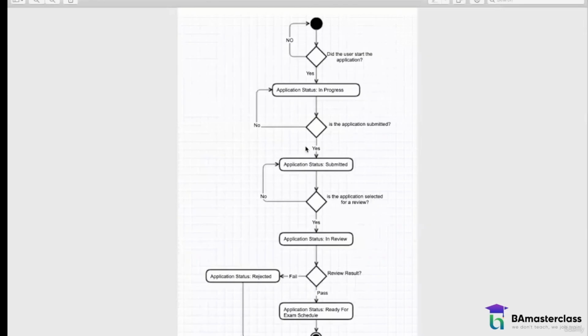Now, my next question. What is this diagram trying to show you? It seems like the application has started. An application development stage, I guess.